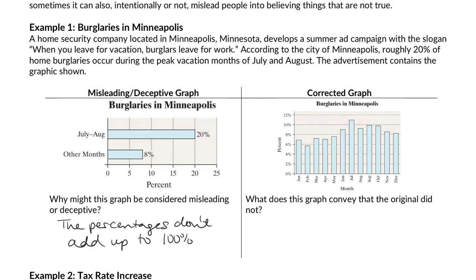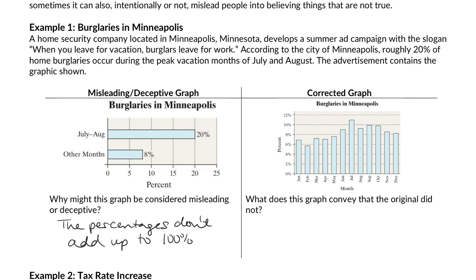If we are talking about a relative frequency or a percent of all burglaries, and we're showing all of the months, they should add up to 100. So this is misleading because it makes it look like there's a 12% difference between July and August and the other months. That just doesn't make sense.